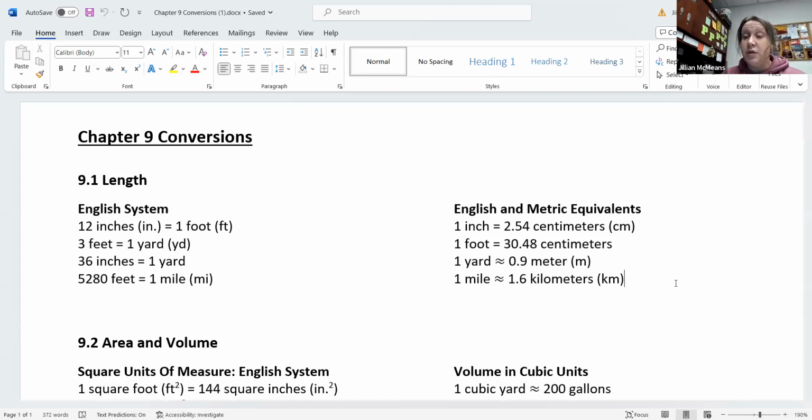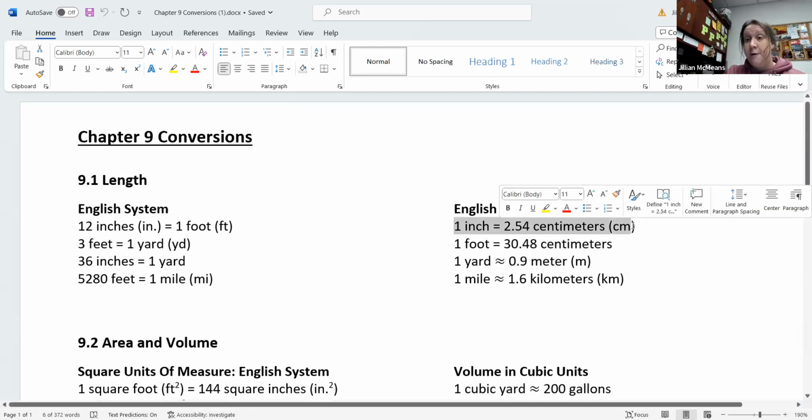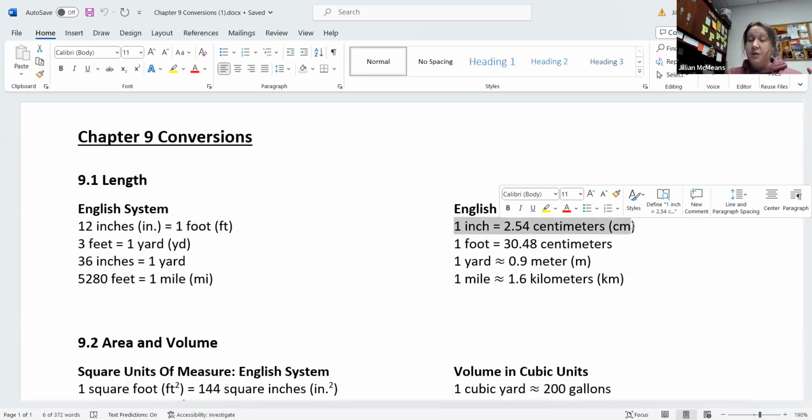But we know a few things. We know that we can easily convert within the metric system. So I could very easily convert meters to centimeters, right? And then if I can convert meters to centimeters, I can convert centimeters then to inches, okay? So we're going to convert our meters to centimeters just within the metric system. So doing what we did a few minutes ago where we just move decimals around.